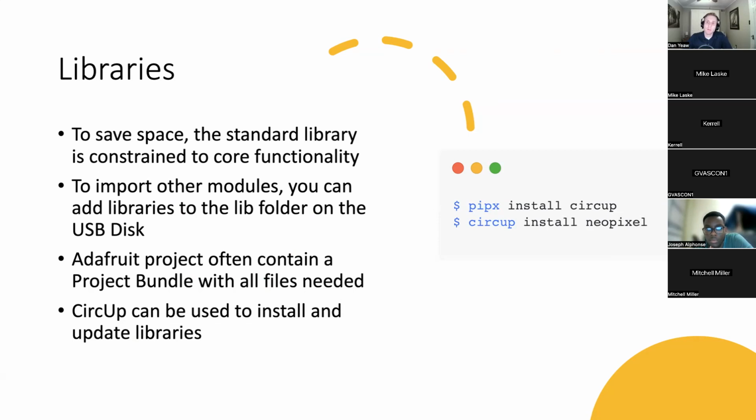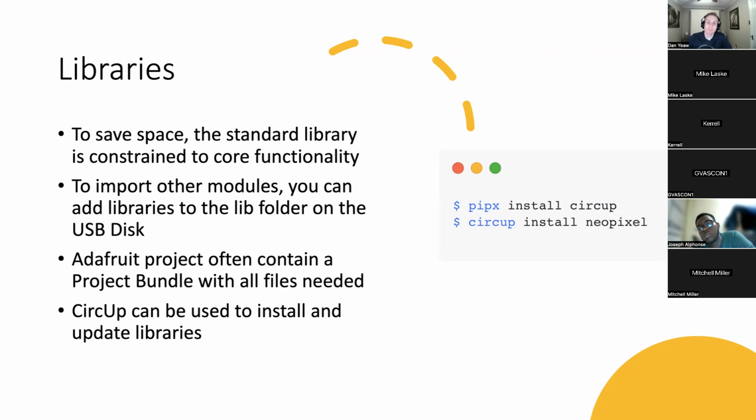And so there's a lib folder on the USB disk. And so you can download these libraries and drag them into the lib folder. There's also a special format called a .mpy instead of a .py, which we're used to. And it's actually a binary format that's been compiled down to save space.